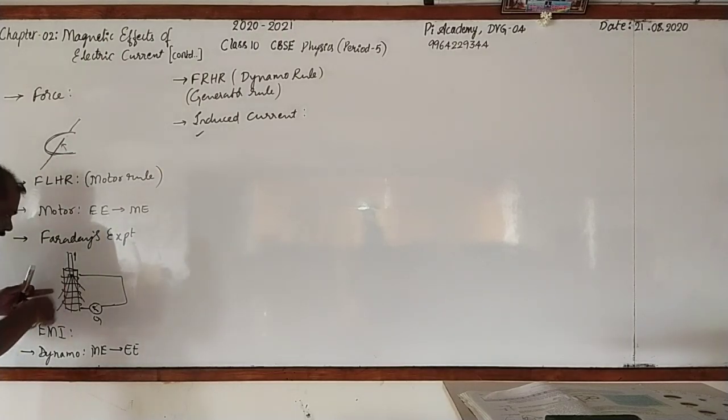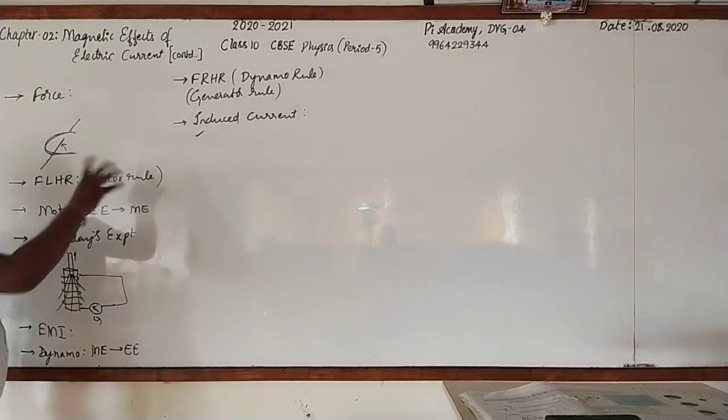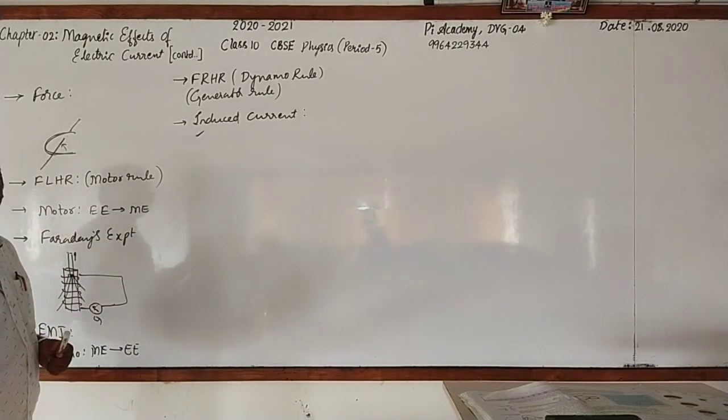How? As the speed increases, the lines of force are cut faster, due to this the field gets changed faster. Clear? Another factor is the strength of the magnetic field.